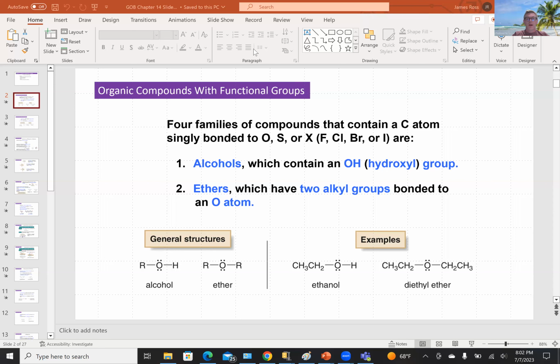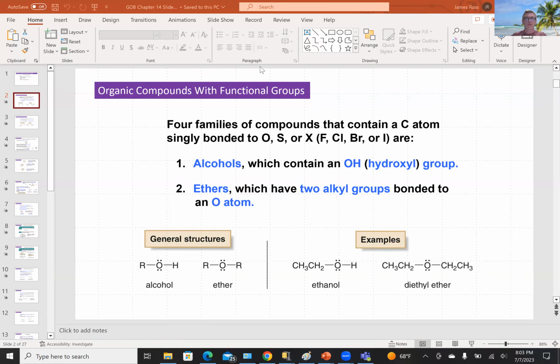So we are going to start looking at organic compounds with functional groups. We've already seen alkanes and alkenes, and we can in a way say that that's the canvas on which other more interesting organic chemicals are put. And those interesting bits that we can add to alkanes, we can call functional groups.